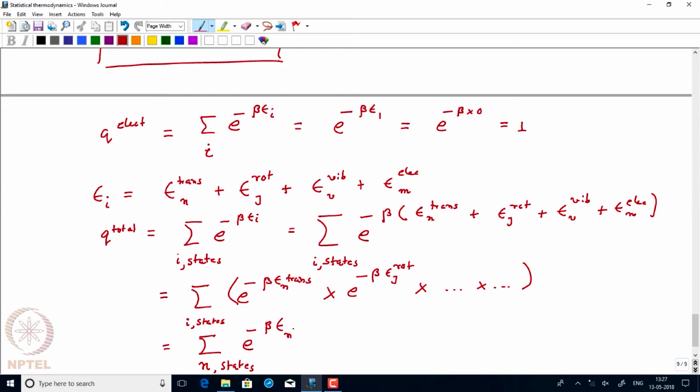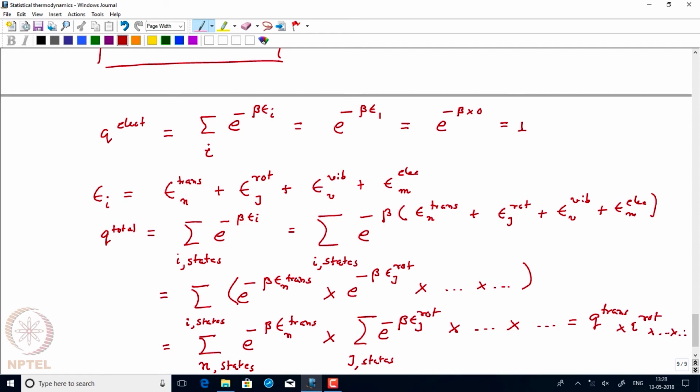Then you write the rotational part, e to the power minus beta epsilon j rotational, with the sum taken over the rotational quantum numbers, and again this is over states. Similarly for vibration, and similarly for electronic. So at the end of the day, this is nothing but Q trans into Q rot into Q vibration into Q electronic. So all the partition functions will be multiplicative.